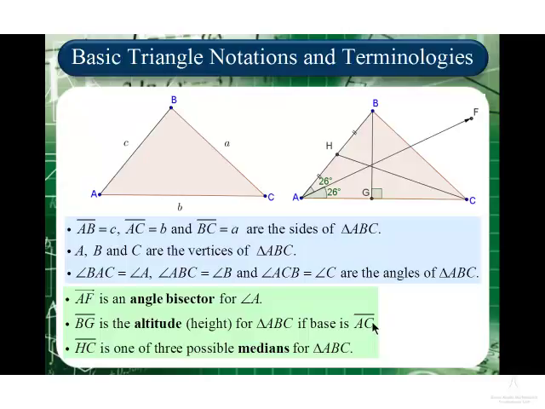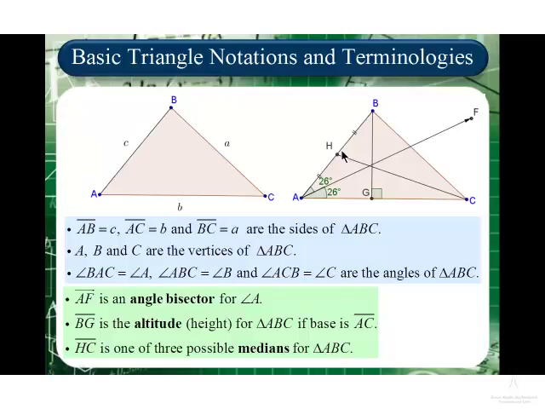Also, in this case HC is constructed in such a way that the side length BA is halved, so HB has the same length as HA. In such a case, we refer to HC as one of the three possible medians for the triangle ABC.